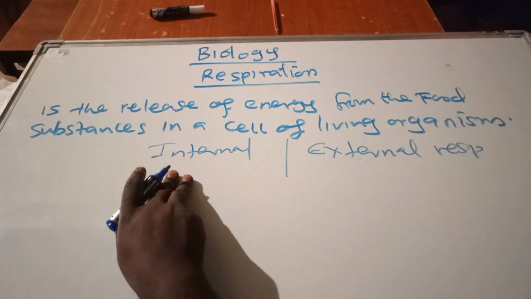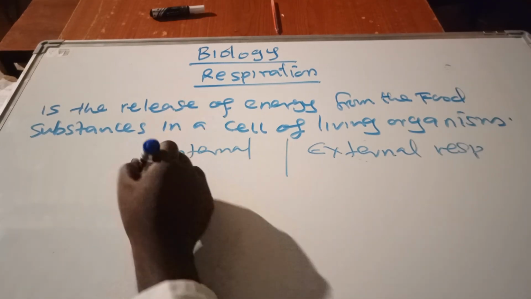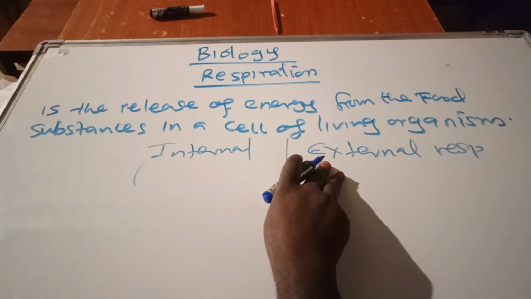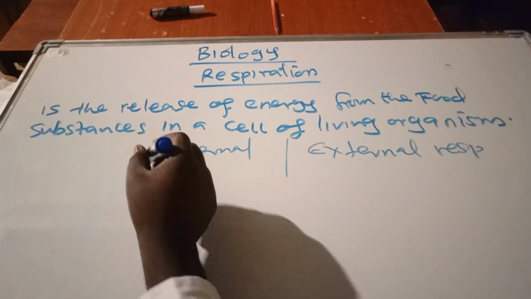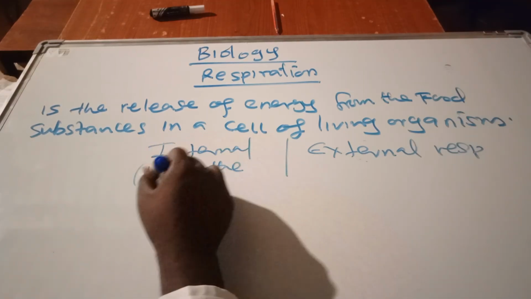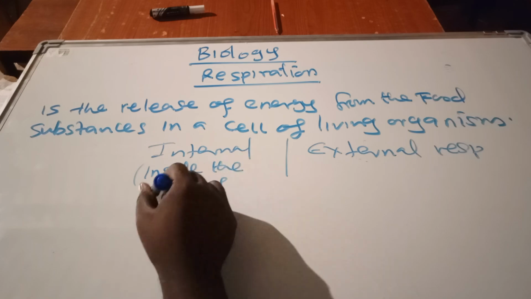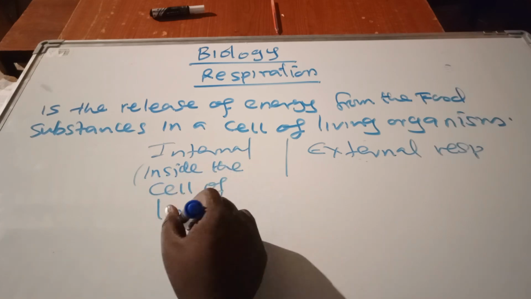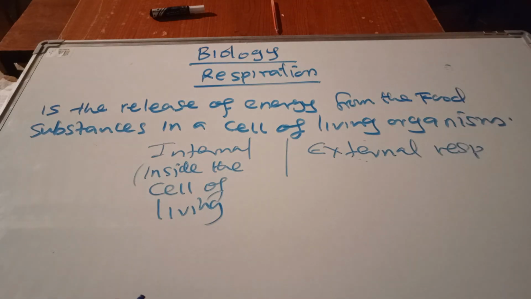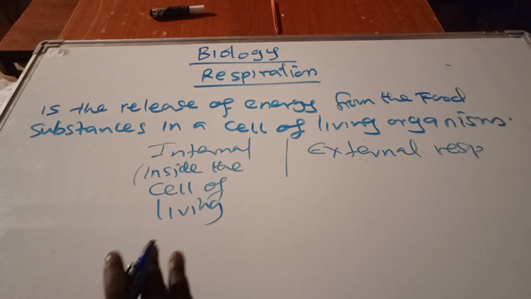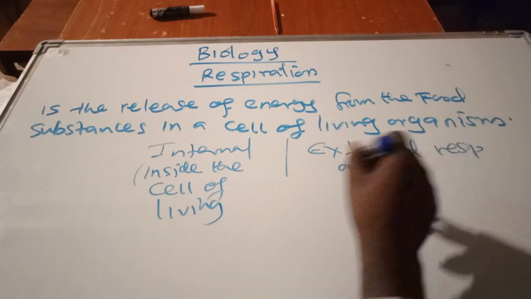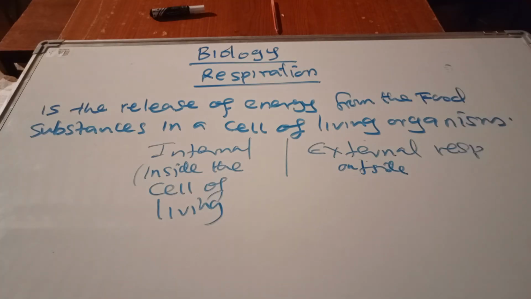As you can hear from the word internal, it means inside, and external means outside. So internal respiration takes place inside the cell of a living organism. External respiration takes place outside the cell.